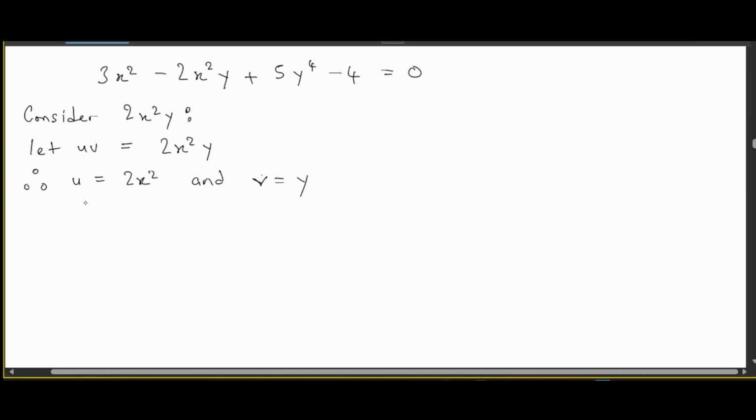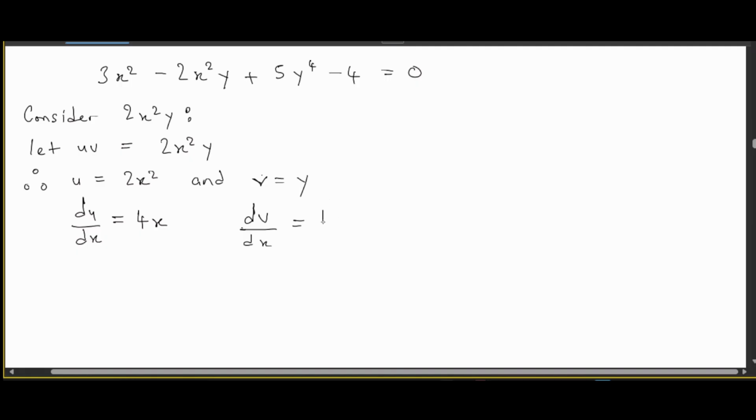And what is du dx? du dx is equal to 4x. And dv dy is equal to, is it dv dy or dv dx? Because here there will be x to the power 0. So what is dv dx? What is it equal to?